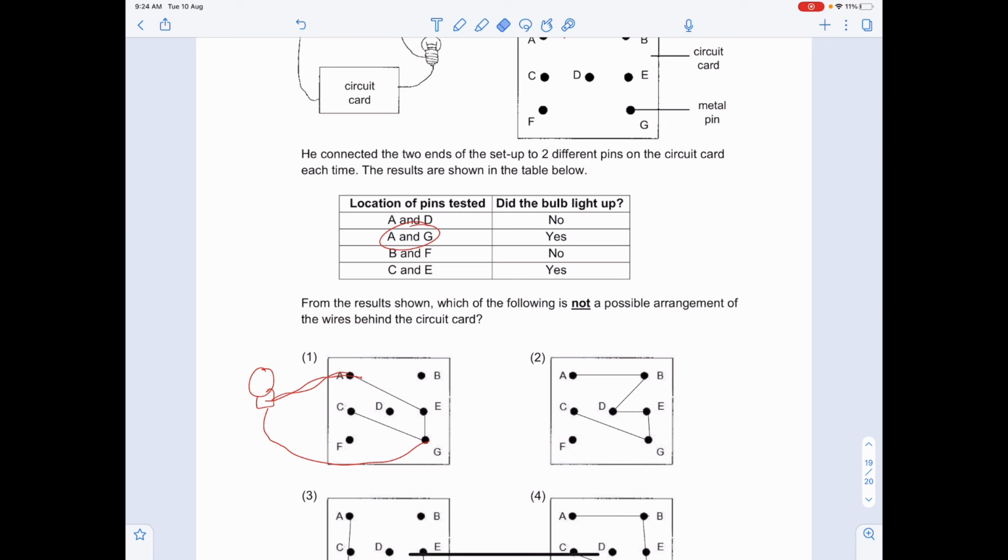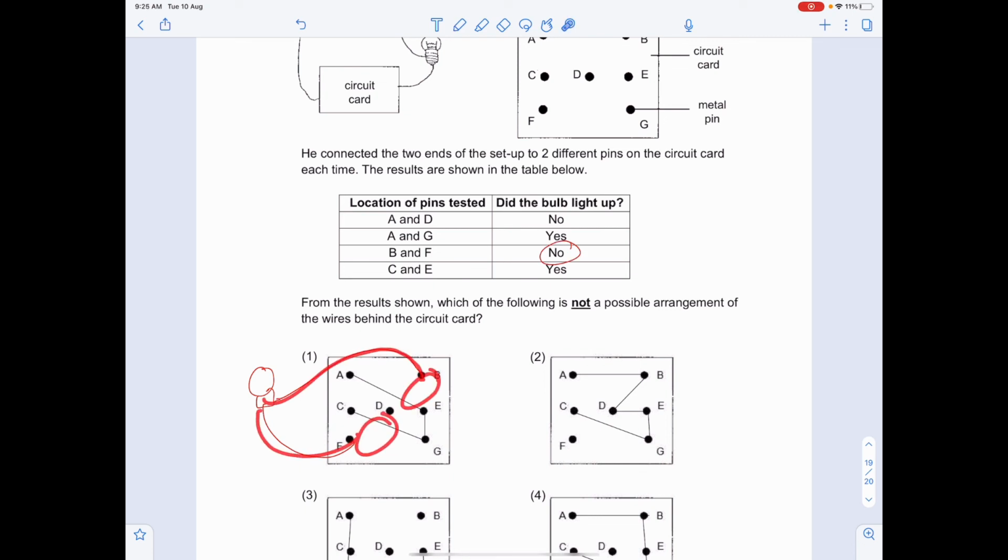Then you will run through the whole entire series of this. We're just going to very quickly run through to show you. One end must connect to B and the other end must connect to F. When you take a look at it, it says it didn't light up. Trace, once again, yes, because there are gaps, it will not light up.